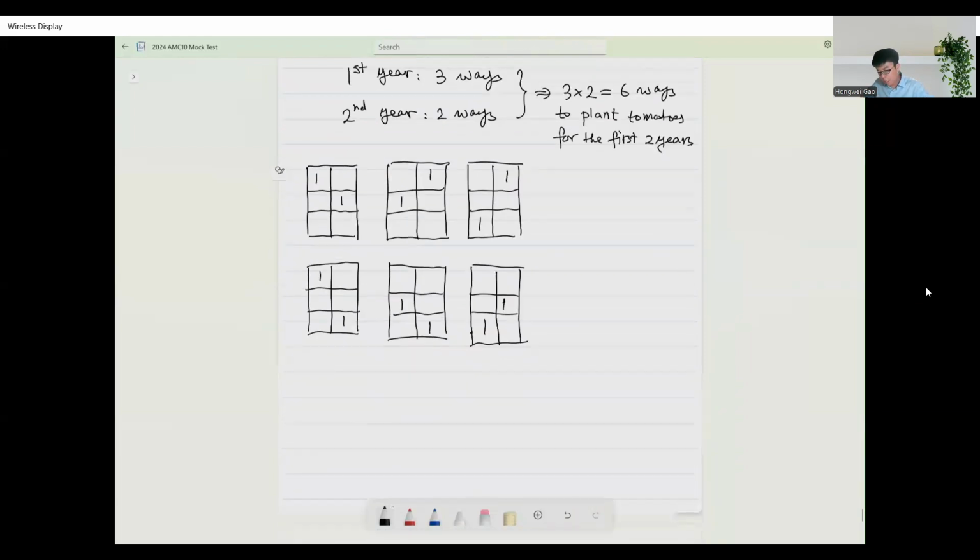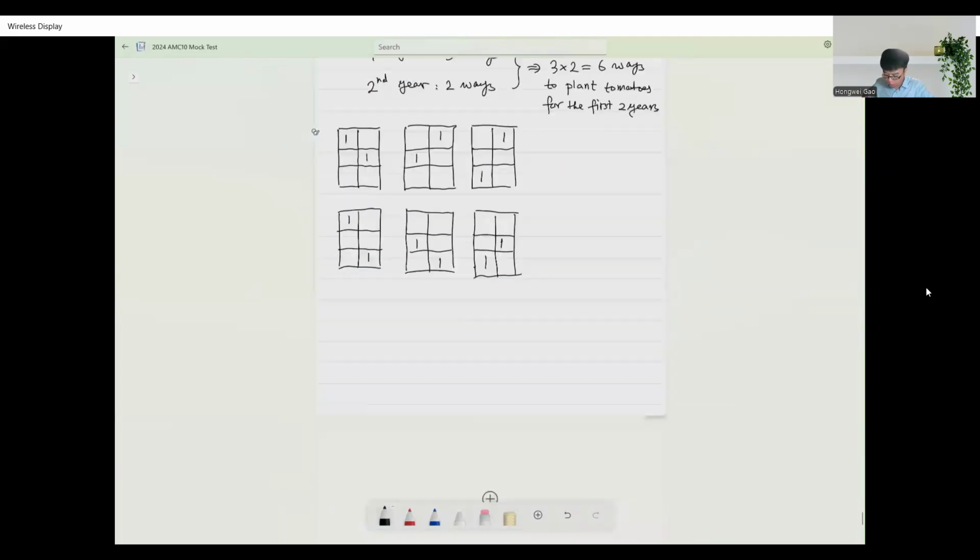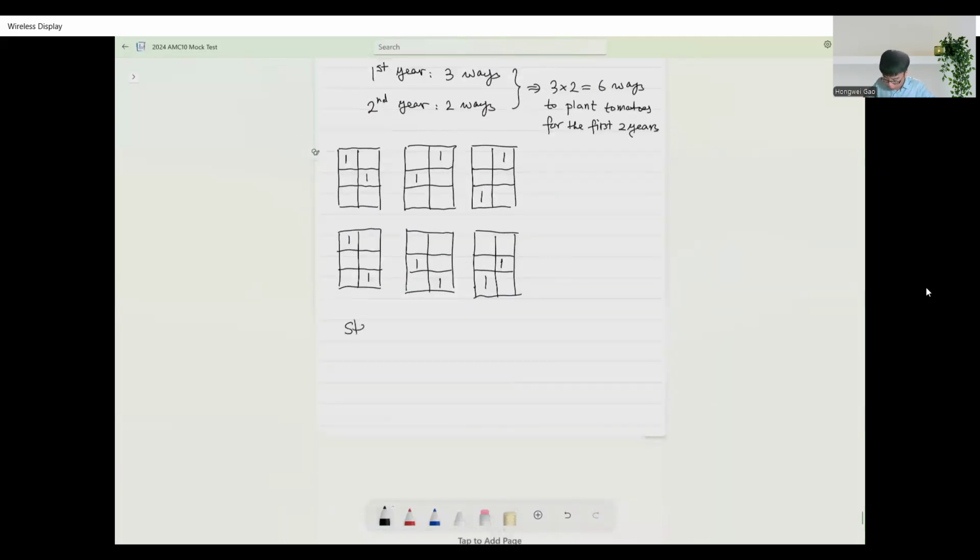Next, we claim that each such plan will determine future schedule uniquely. Step 2. Each of the above schedules determines all future schedules for ones.